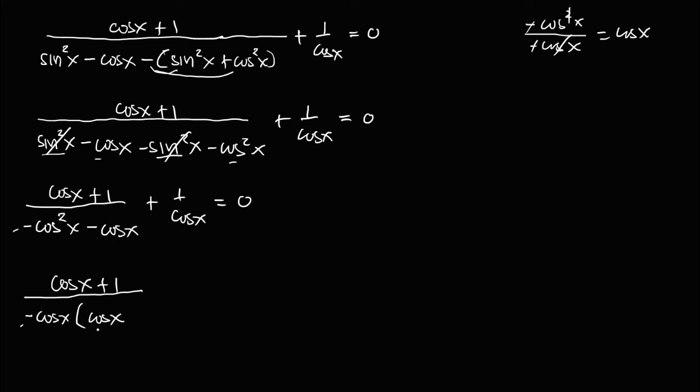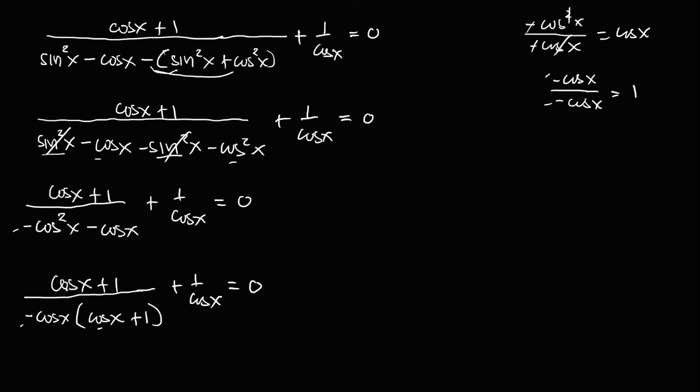Then this negative cosine x divided by negative cosine x, so negative divided by negative, so that's positive 1. Again, negative cosine x divided by negative cosine x, so a number divided by itself is always equal to 1. Then plus 1 over cosine x, and that's equal to 0.